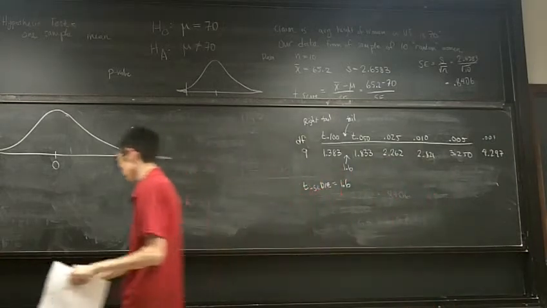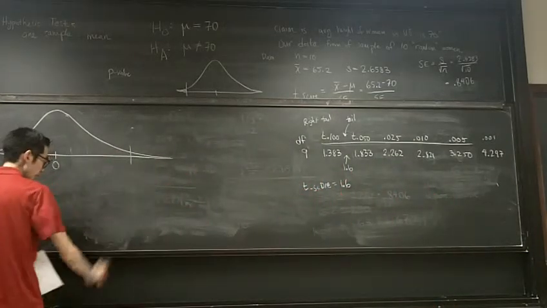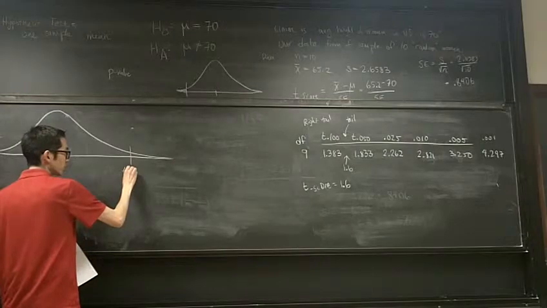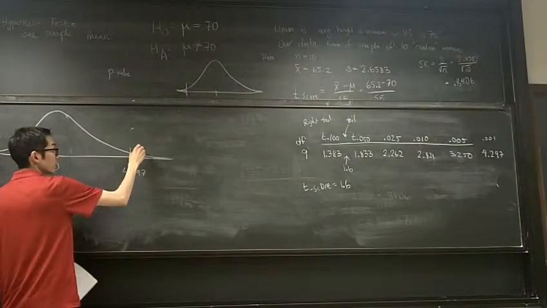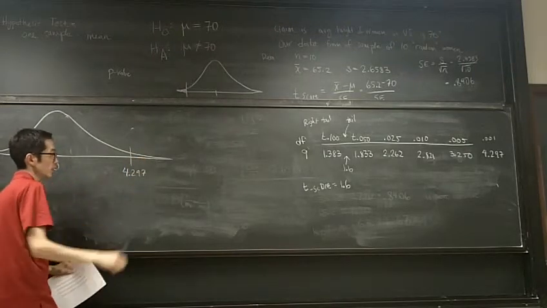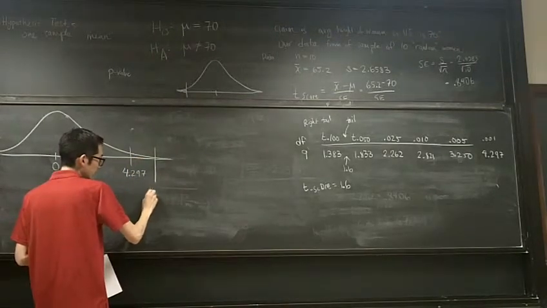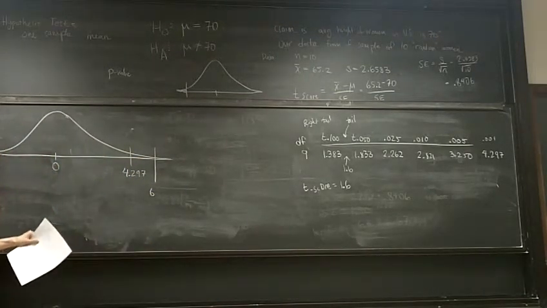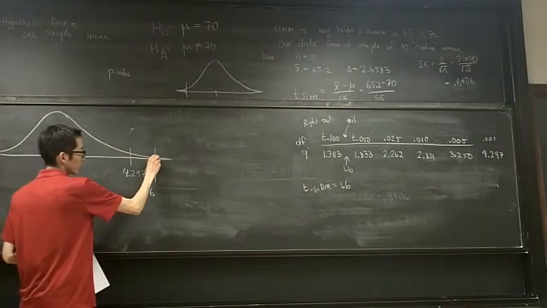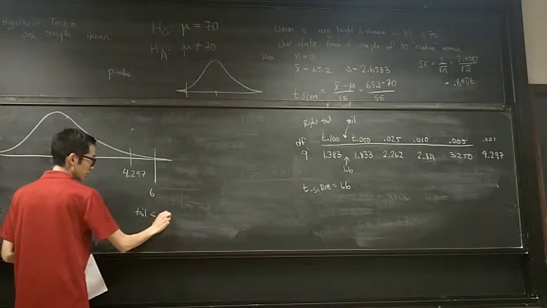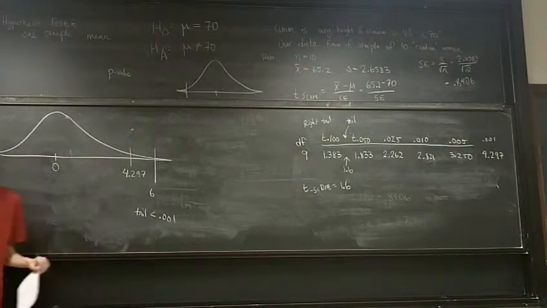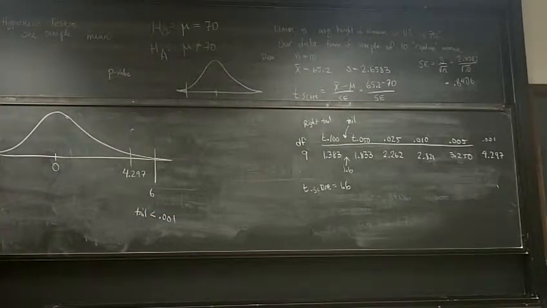Okay. So the furthest value I have on my table is 4.297, and that says I've got 0.001. Let's say I draw a line out at 6. How much do I have in my tail? Yeah, so the amount in my tail is less than 0.001. Okay? I don't know exactly how much, but I do know that it's less than 0.001.